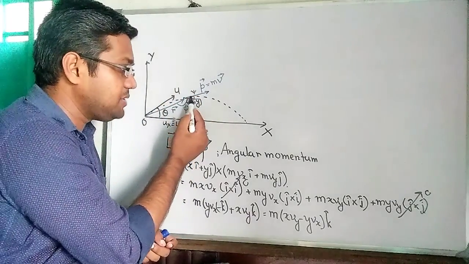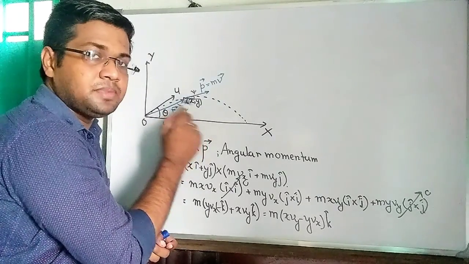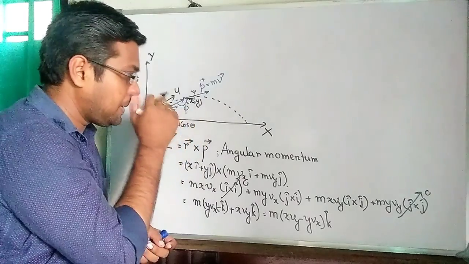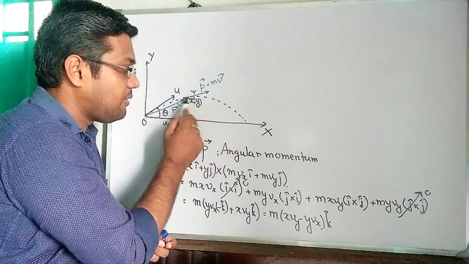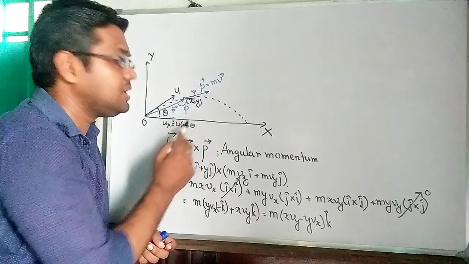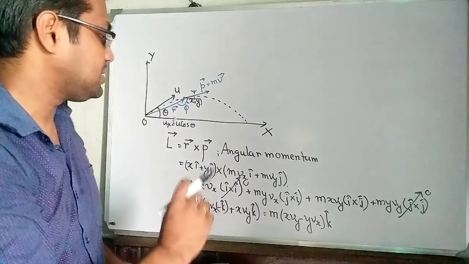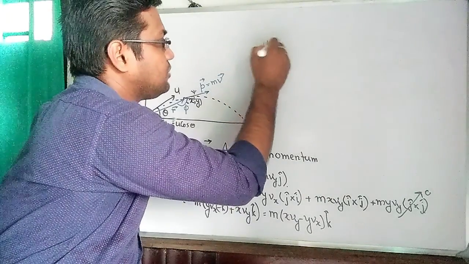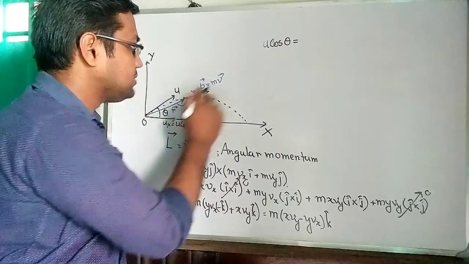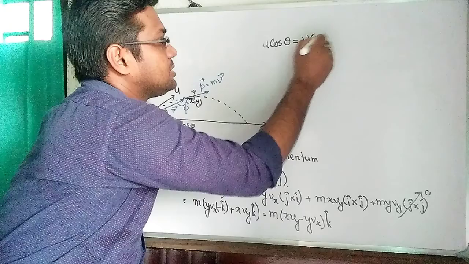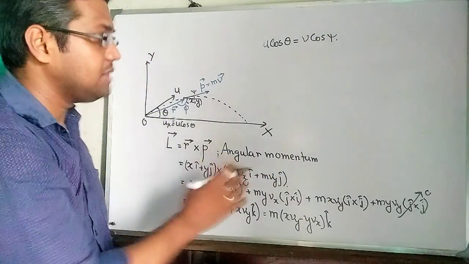Phi is the angle between the r vector and the p vector, and psi is the angle between the instantaneous velocity vector, the instantaneous direction of motion, and the horizontal level. So u cos theta should be equal to v cos psi. We can use these relations.